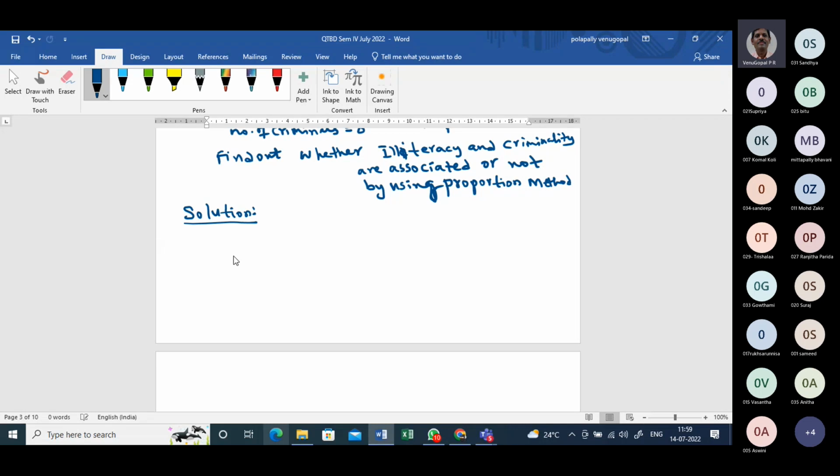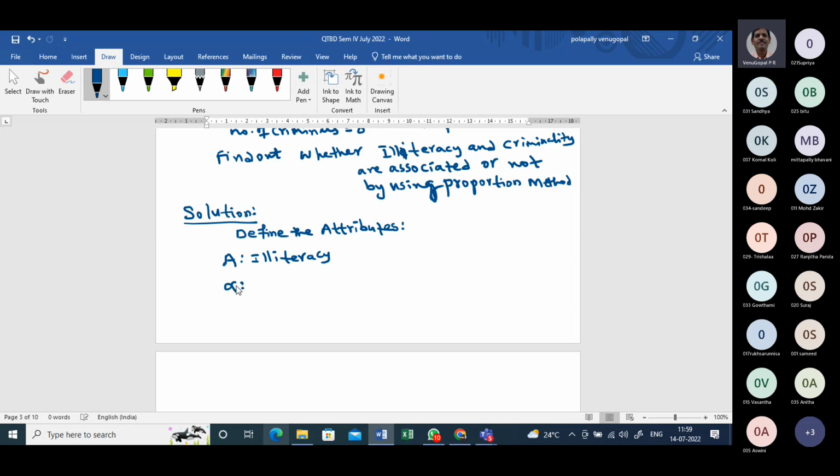What is the solution, children? Let us define the attributes, right? How do you define the attributes? A stands for illiteracy.